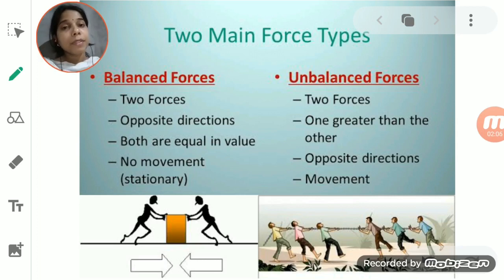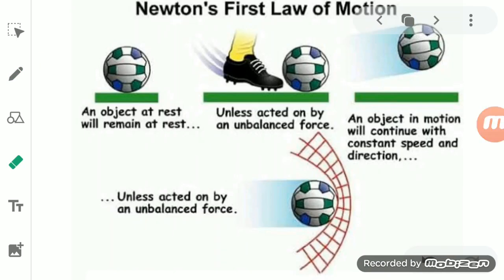Now today we will start with Newton's first law of motion, inertia, and what is the relationship of inertia with the mass. Now Newton has given us three laws to describe the motion of bodies, and these laws are known as Newton's laws of motion.